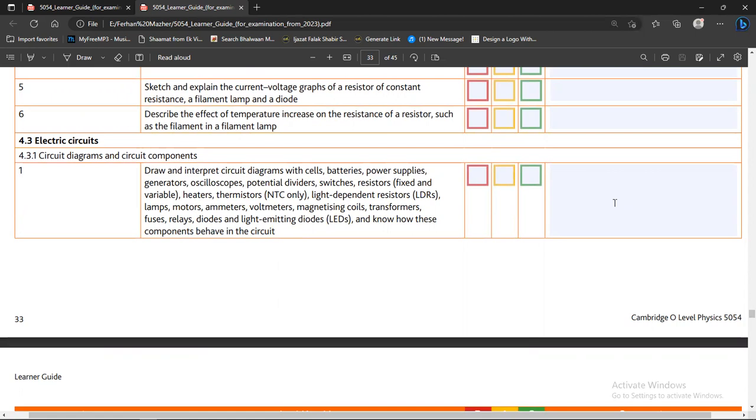Draw and interpret circuit diagrams with cells, batteries, power supplies, generators, oscilloscope, potential divider, switches, resistors, fixed and variable resistors, heater, thermistor, NTC only, light dependent resistors, LDRs, lamps, motors, ammeter, voltmeter, magnetizing coil, transformers, fuses, relays, diodes, and light emitting diodes, and know how these components behave in the circuit.